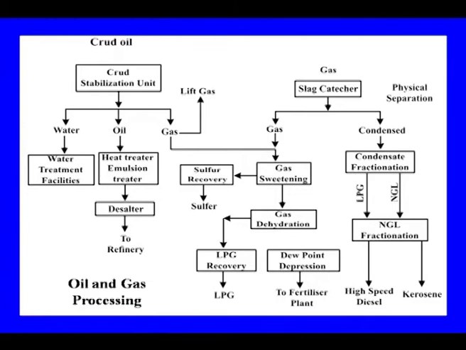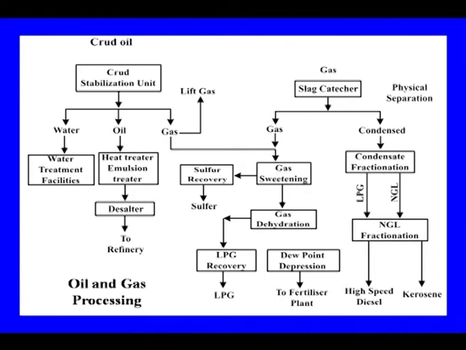I was telling you that the oil and gas coming from the well is processed at the site, in the crude oil stabilization section. Oil and water are separated, and the oil goes to the refinery after desalting. The gases are separated, that is the lift gas, and then the part of the gas if it is natural gas, slug catcher gas, and condensate, gas sweetening is done.